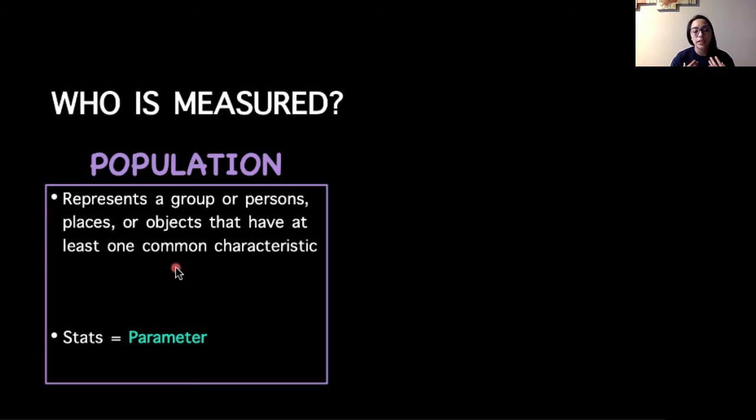Maybe I want to consolidate that population of interest into only kinesiology majors at Cal State Long Beach. The population is how you, the researcher, define it, but you have to think about creating generalizable results, which we'll touch on in the next PowerPoint. When you're making generalizable results, your population should be able to be repeated in the entire world.